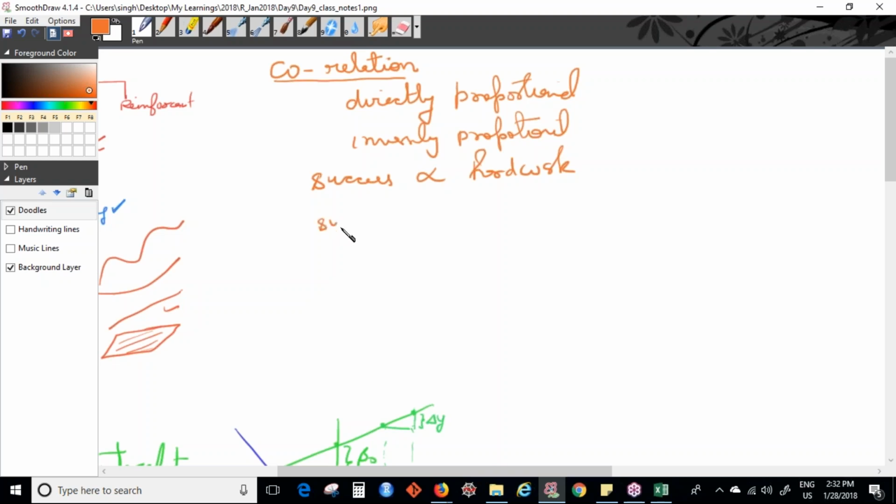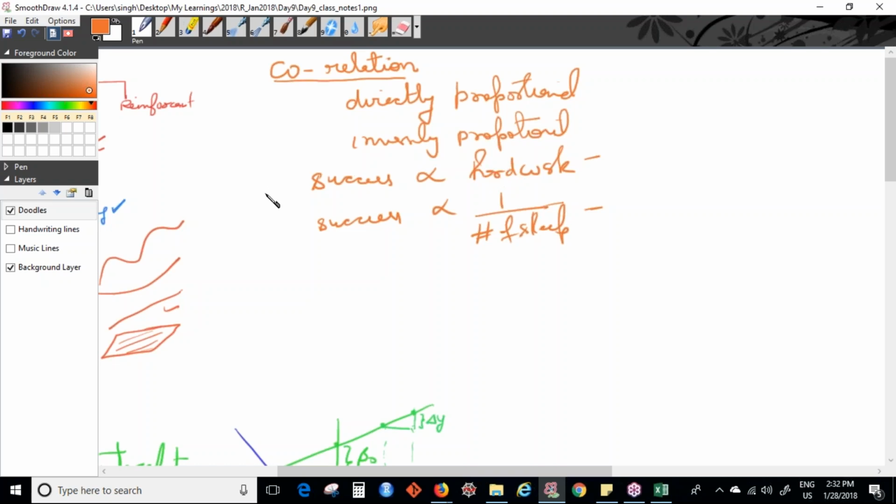Similarly, we might say your success is inversely proportional to the hours of sleep that you take. Okay, this might not be true, but I am just giving you an example. So your success is inversely proportional to the number of hours you sleep, and directly proportional to the hard work that you do.